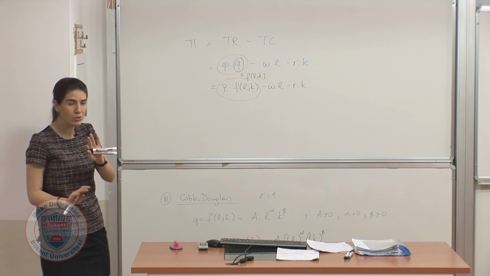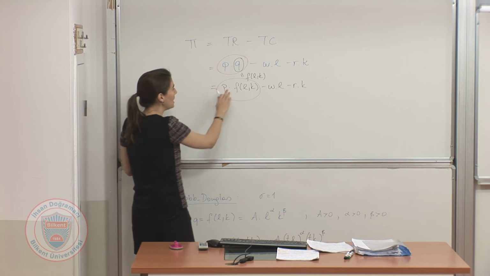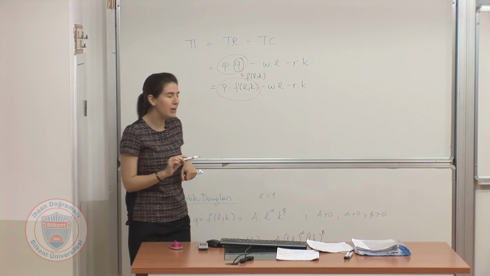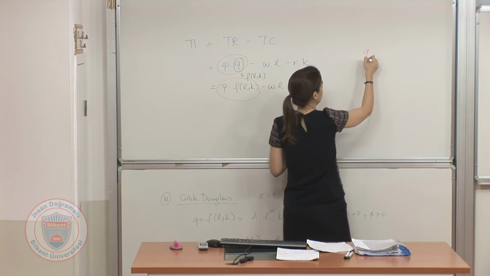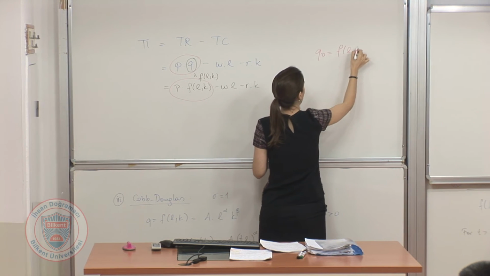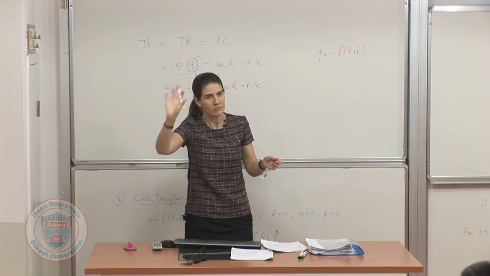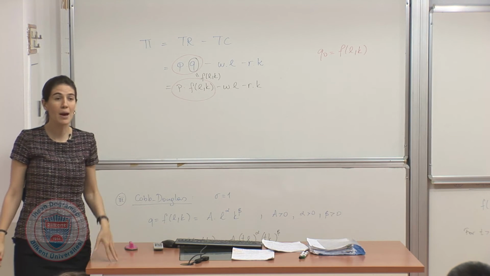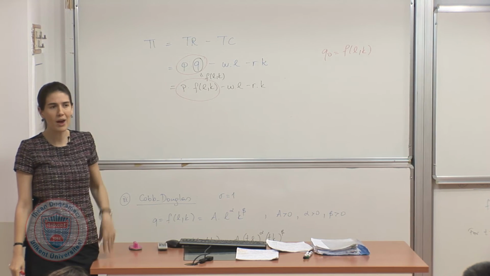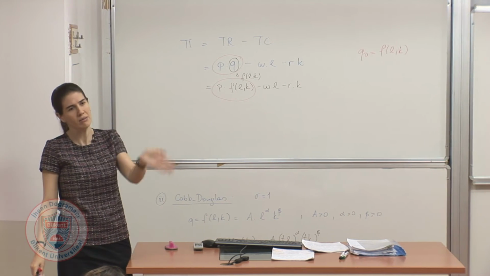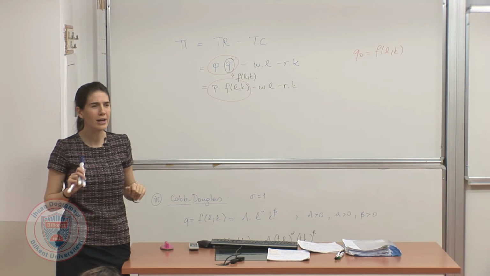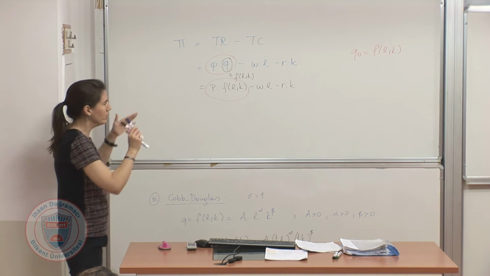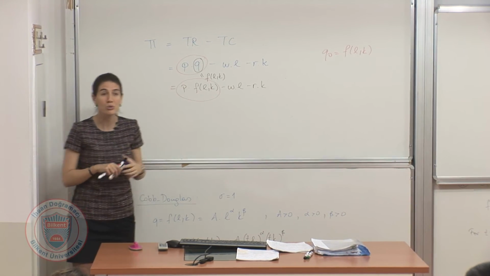So what we will do for now is we're going to ignore this part, okay? So we said that suppose the firm is going to produce Q0 units, F of L, K. Somehow the firm decides on the amount that they would like to produce. Somehow. You'll see next week, or even on Friday, we're going to come to that. But suppose the firm somehow knows that they're going to produce Q0 units.